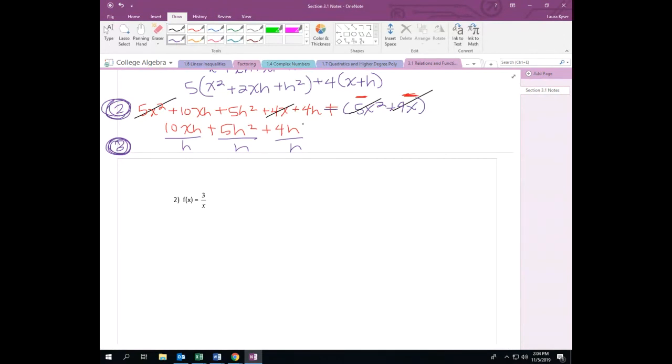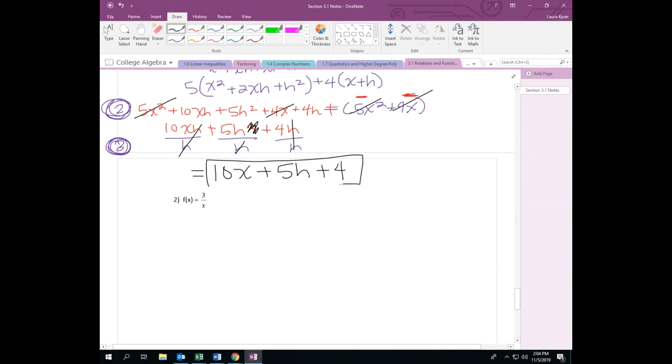This is going to allow us, again, to cancel some stuff out. In the first term, the h's cancel. I'm left with 10x. In the second term, this h cancels one of these ones out, so I'm left with 5h. And in the last term, the h's cancel. I'm left with 4.